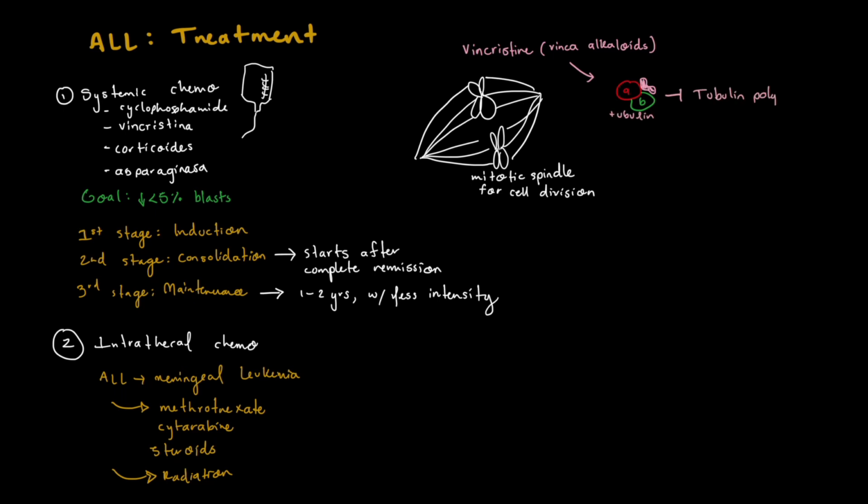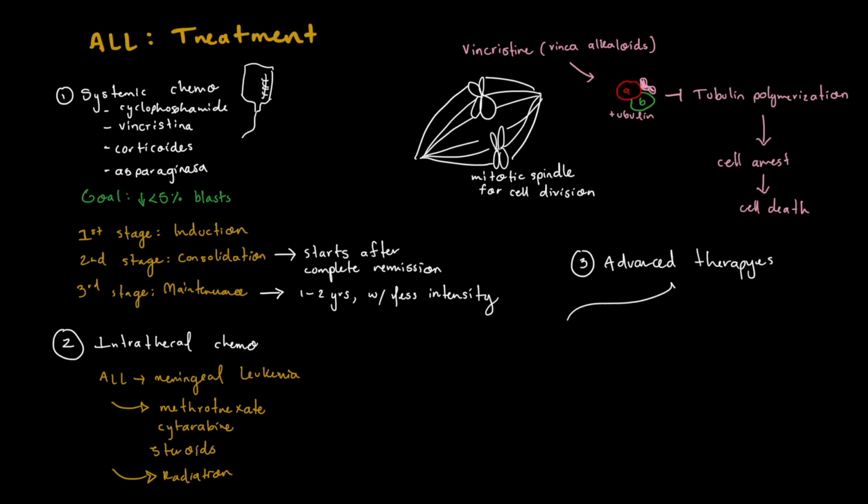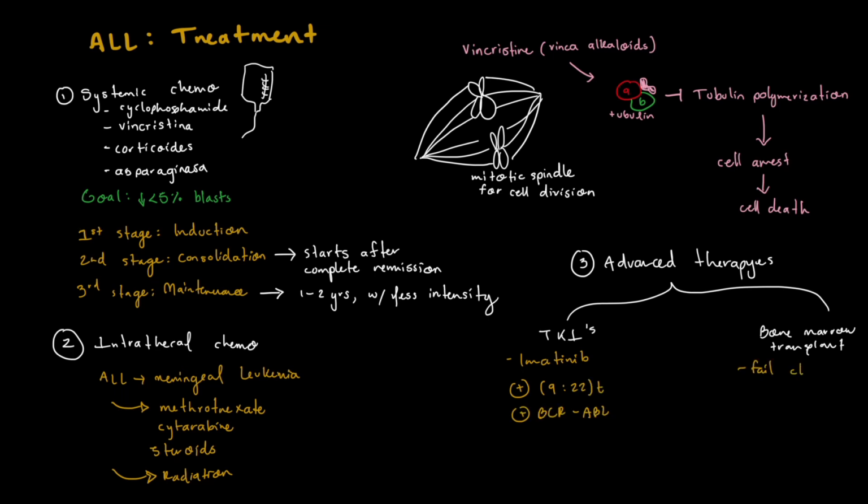Vincristine is a chemotherapy agent used for ALL, and what it does is bind to tubulin, which doesn't allow cell division in the M phase of the cell cycle, generating cell death, thereby interrupting the growth of this immature and mutated cell.